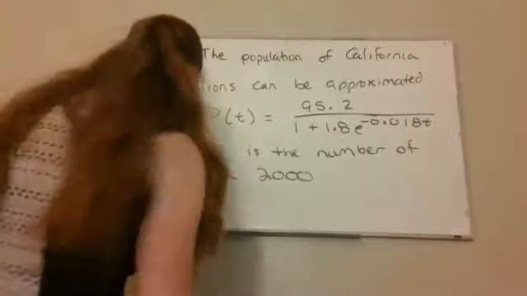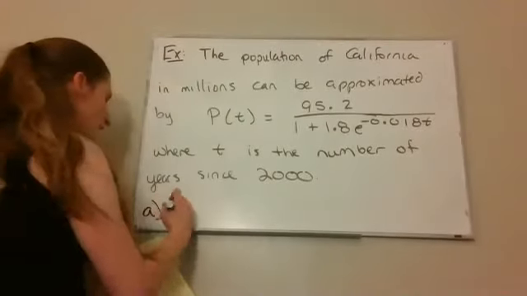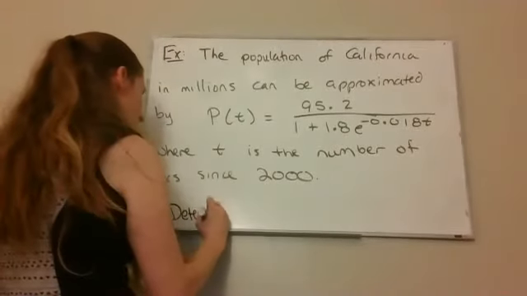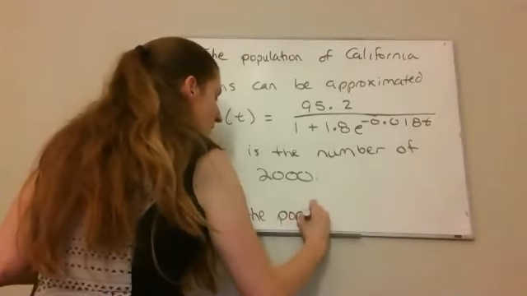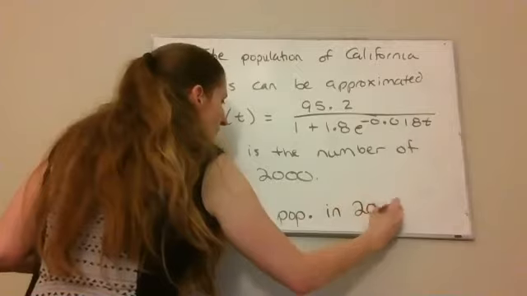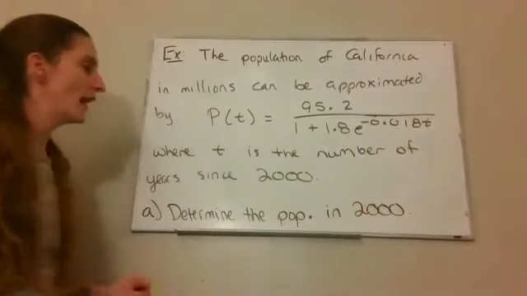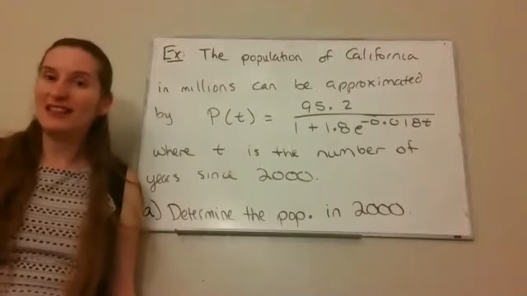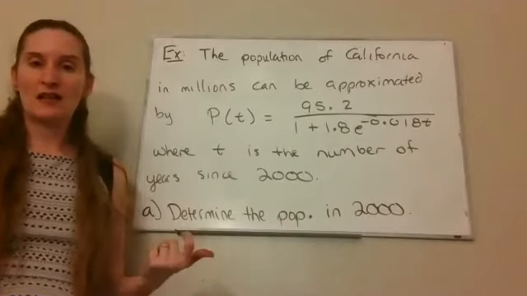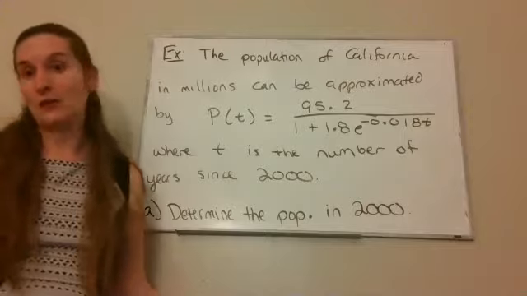First thing we're going to answer for this is determine the population in 2000. Well, I have the model representing the population. I just need to know what to plug into it. 2000 is 0 years since 2000.